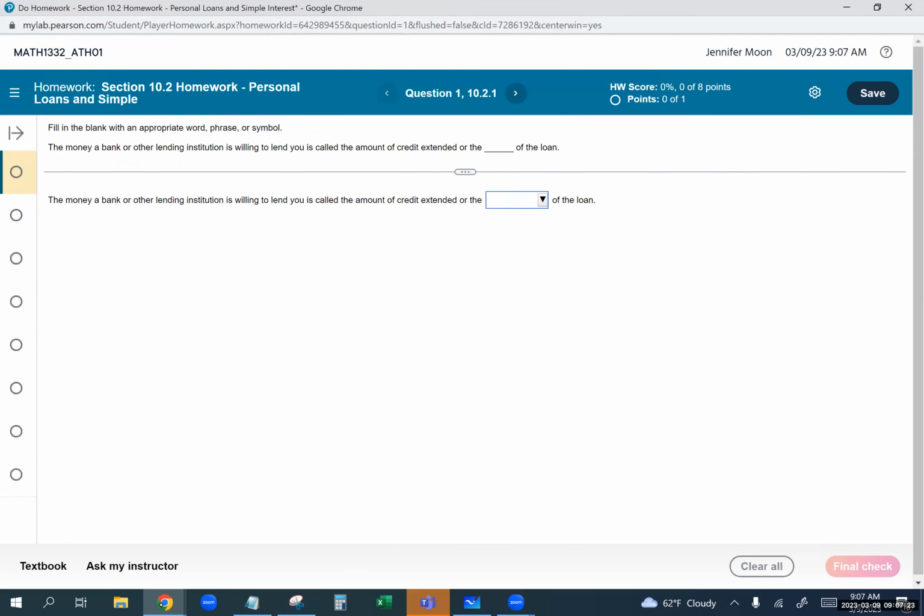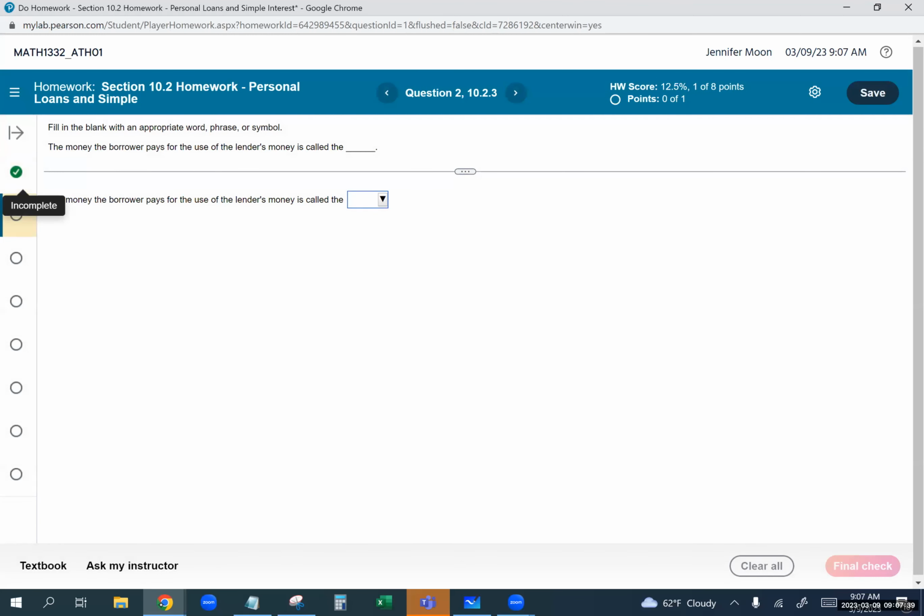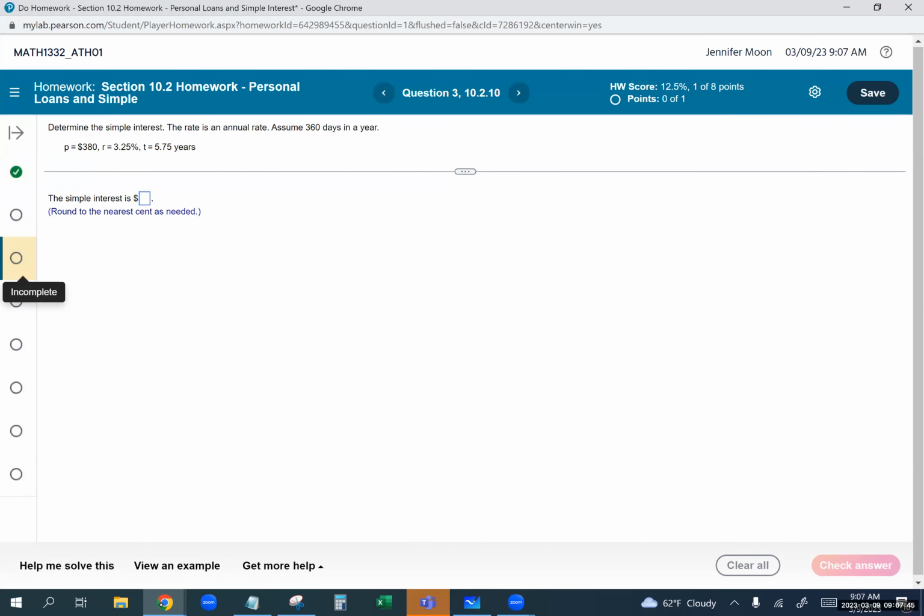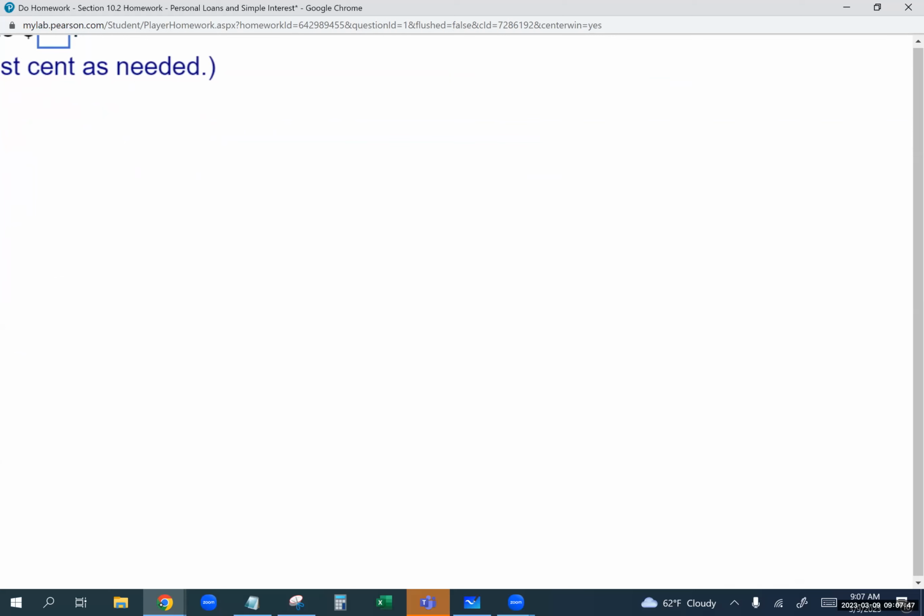The money your bank or another institution is willing to lend you, or extend credit, is called the principal. Next question. The money a borrower pays to use it would be the interest. And right here, this is how the problems look.